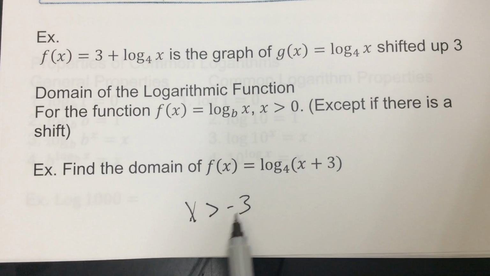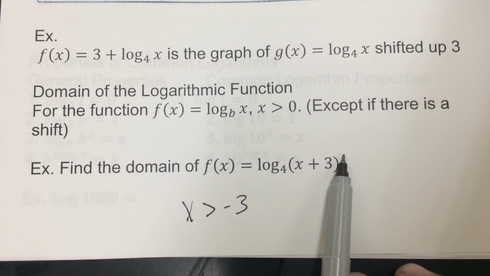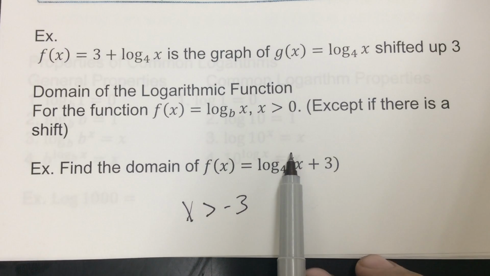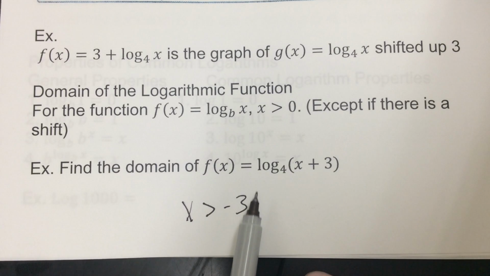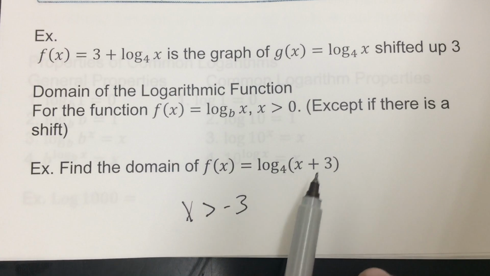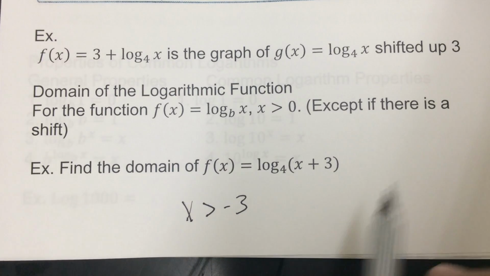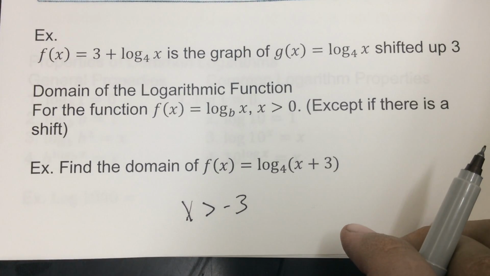If we did, say, negative 2, well, negative 2 plus 3 is 1, so this would be log of 1, and those would work. Once we go below this, say negative 4, well, now negative 4 plus 3 is log of negative 1. There's no way to get a negative number based off of the exponent.